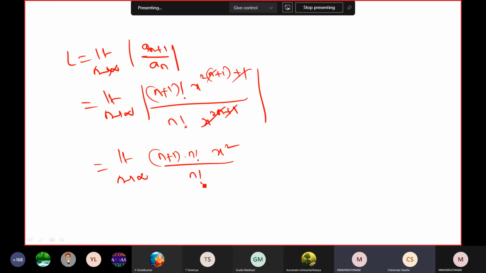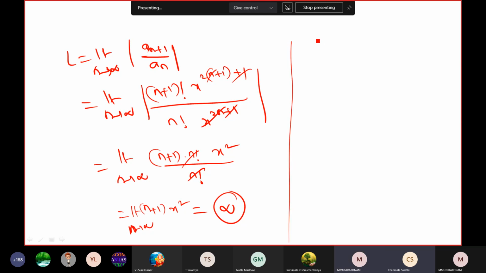So దీన్ని ఎలా రాయొచ్చు? n plus 1 into x square ఏమవుతుందమ్మా? ఇన్ఫినిటీ అవుతుంది, అవునా కదా?